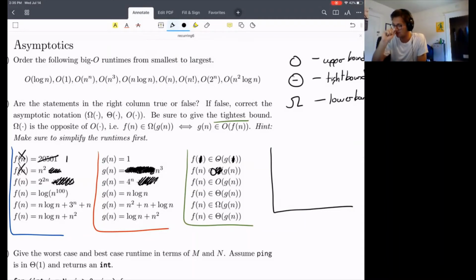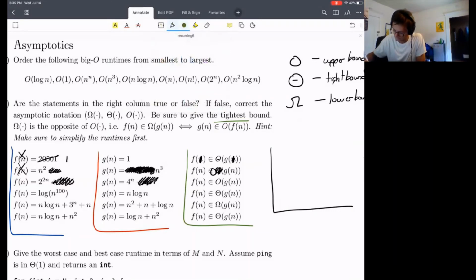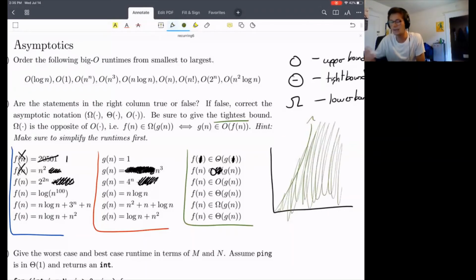So now we're asking O of g of n. G of n is going to be really, really steep, because it's 4 to the n, which is a really, really steep function. It's O, so it's going to be everything at or below the line. And then the next one is 2 to the 2n.